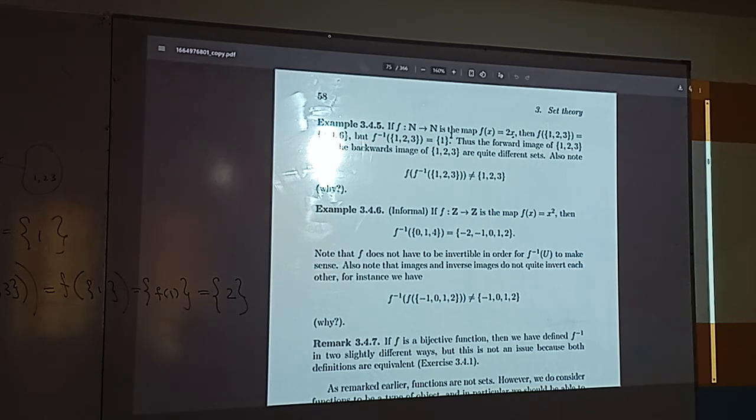So this set is nothing but {f(-1), f(0), f(1), f(2)}. That's what it means: you apply f to every element in the set. Then f(-1) is 1. f(0) is 0. f(1) is 1. You don't need to write 1 again because it is already there. f(2) is 4.